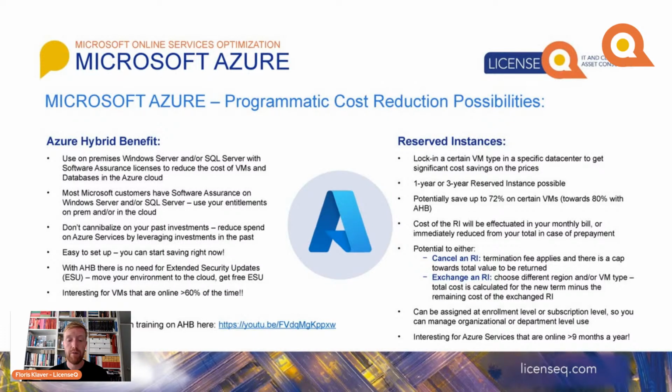This is very interesting for VMs that might run a longer period of time. So it's very interesting for Azure services that are online over 9 months a year. So not generally everything 24/7, but even somewhat less than that.